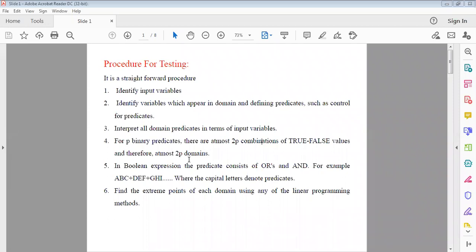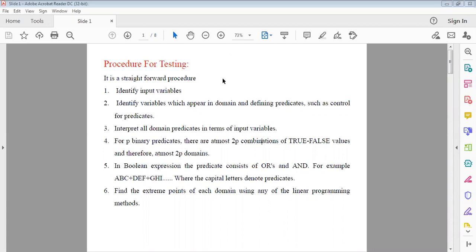You have seen the linear representation: the domains are considered as linear representations, like x plus y equal to 10. Based upon these linear programming methods, you follow these testing methods. These are the different steps to be followed while performing tests on the domains.